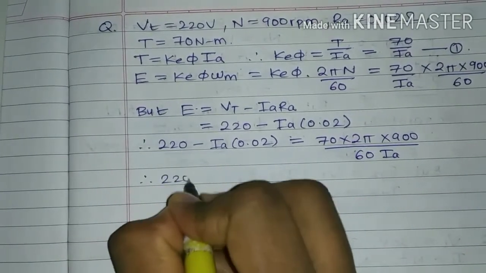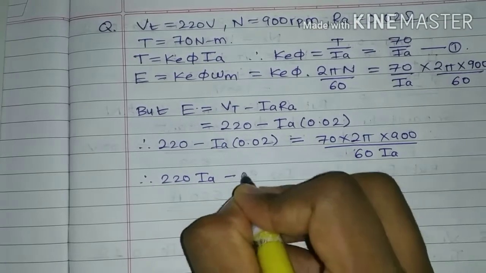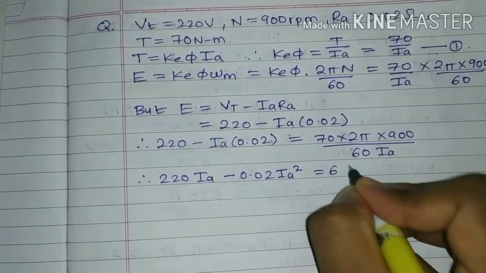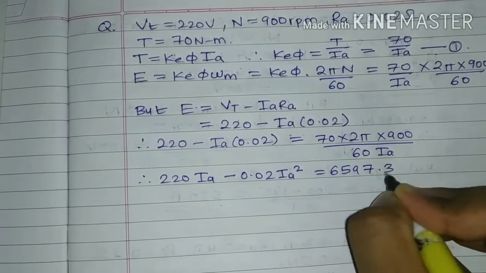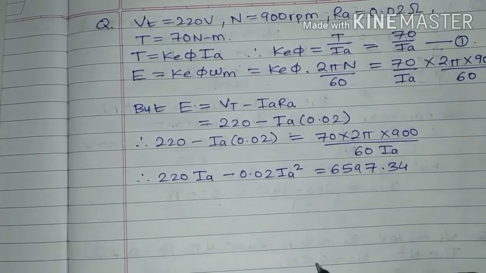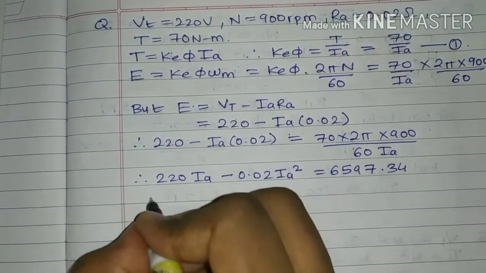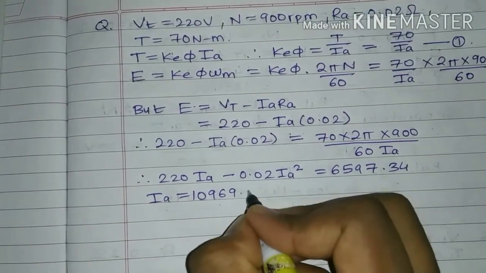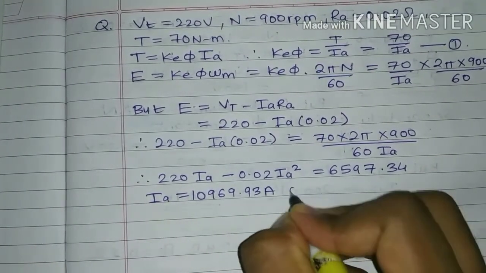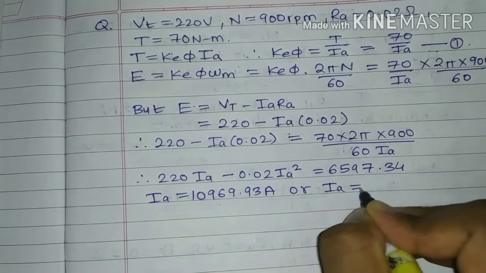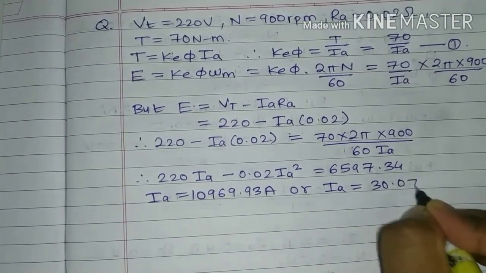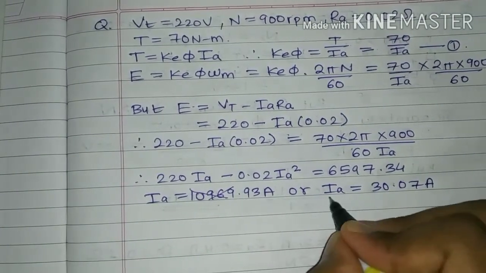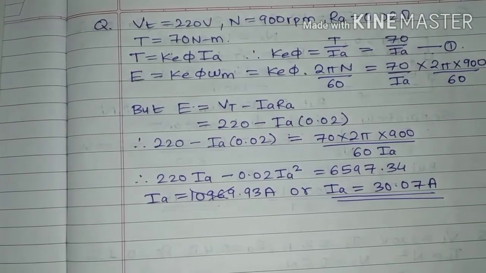Hence 220 Ia minus 0.02 Ia square is equal to 6597.34. On solving the quadratic equation, we get the values of Ia as 93 ampere, or Ia is equal to 30.07 ampere. Since the first value is very large, we neglect it. Therefore, Ia will be equal to 30.07 ampere.